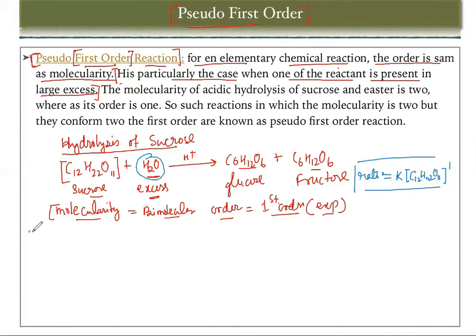Again, take another example. Hydrolysis of ester. If we consider the ester CH3COOC2H5 and we are putting water, water is a solvent which is present in excess amount.